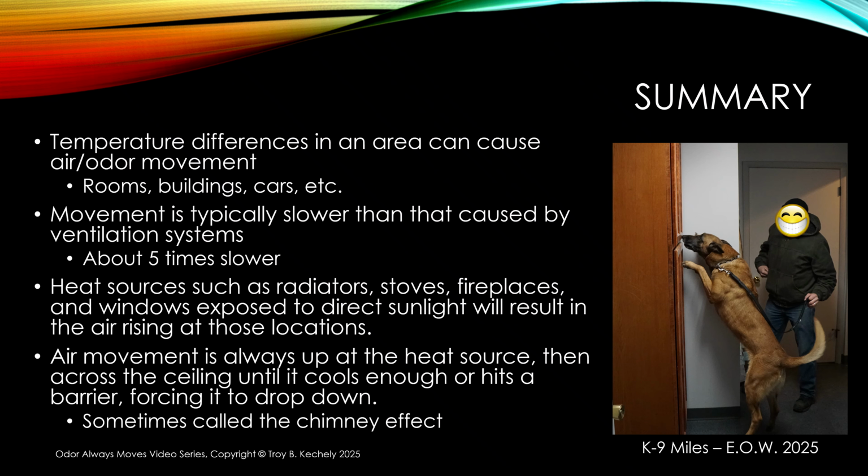So, summary: temperature differences in the area definitely can cause air and odor movement. That's rooms, buildings, cars, etc. And just so you know, I've seen this in cars where we've done hides when it was really hot out, and you could see the thermals going straight up, and that was a factor in the dogs being able to locate the hide more effectively.